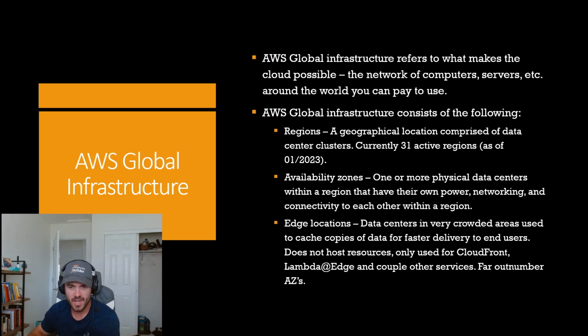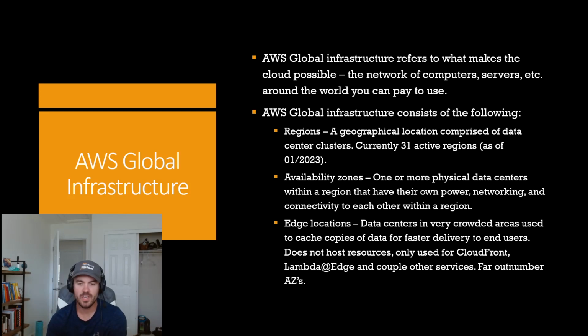And then finally, you've got edge locations, which are just individual data centers that are in very crowded areas used to cache copies of data for faster delivery to end users. So this isn't some place where you actually provision resources.